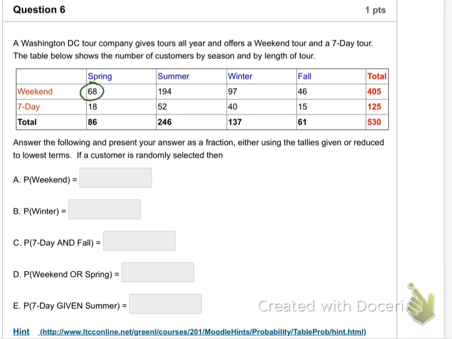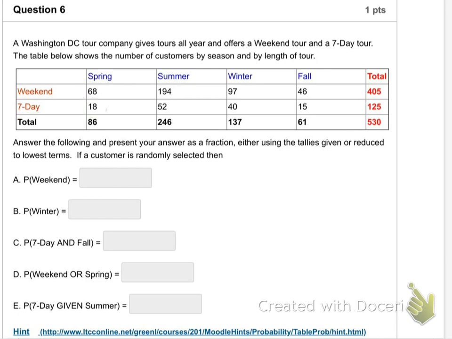They go there on the weekend? Yeah. They went there on the weekend and during the spring. So they took a tour of Washington, D.C. on the weekend during the spring. And these people took a 7-day tour, so not a weekend tour, but a longer 7-day tour in the spring, etc.